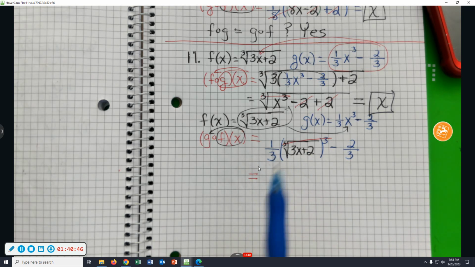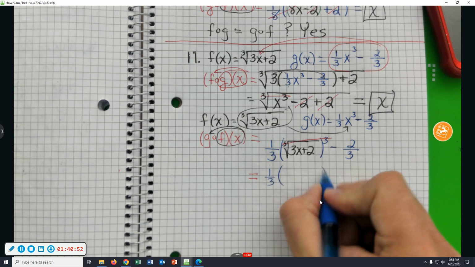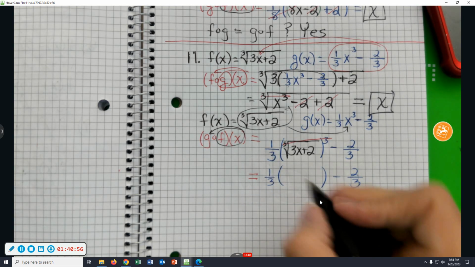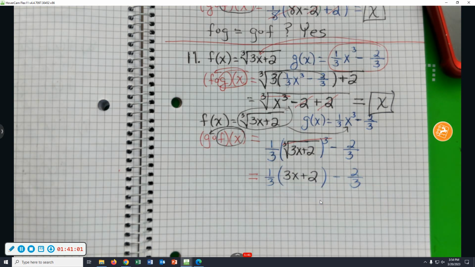So all we really have is the blue 1/3 and then the parentheses 3x plus 2. We've canceled the cube and the cube root. Now distribute that blue 1/3.